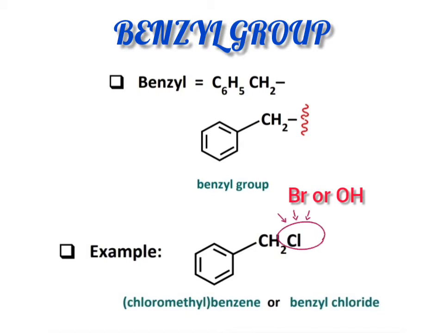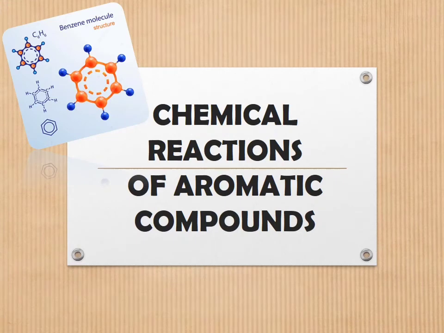So if we replace with OH group, chlorine tu kita gantikan dengan OH group, so dia jadi benzyl alcohol. Nampak tak kelas? Okay, so ini adalah the other version of naming aromatic compound. Okay guys, finish about nomenclature of aromatic compound.